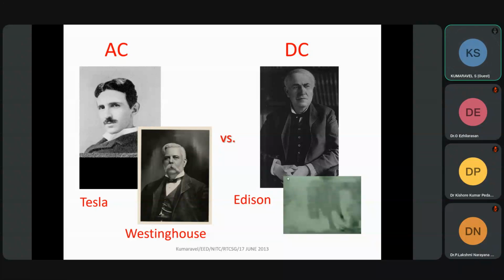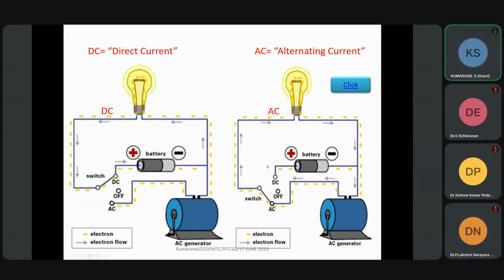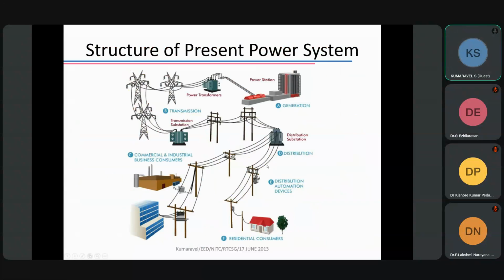Now, you know what a transformer is. A transformer is a typical AC device, but now people go for the solid state transformer. So what I would like to say is, if you look at the power system structure, generation is slowly transforming from AC to DC.